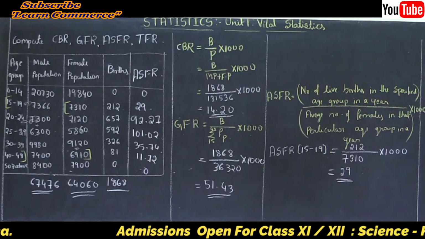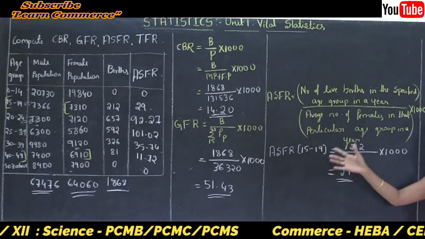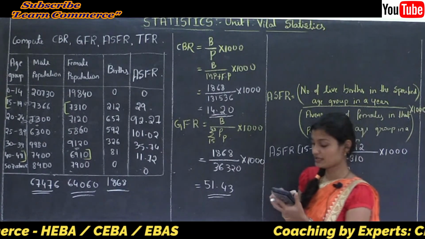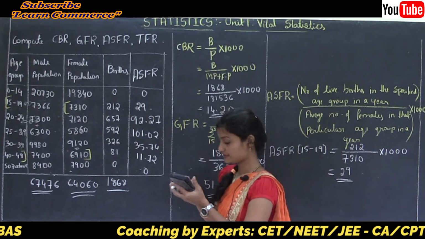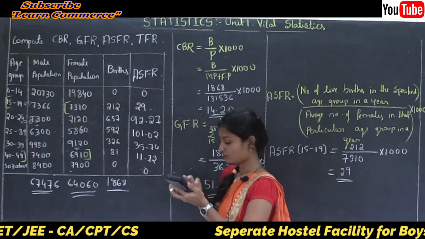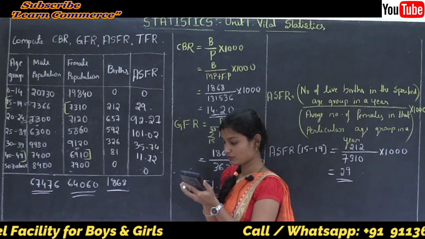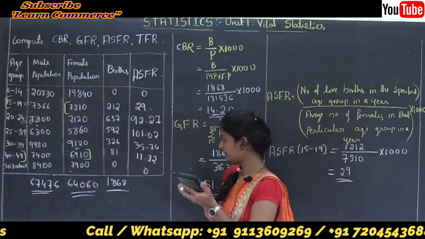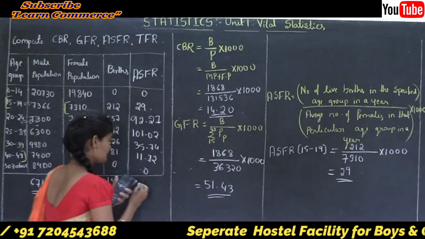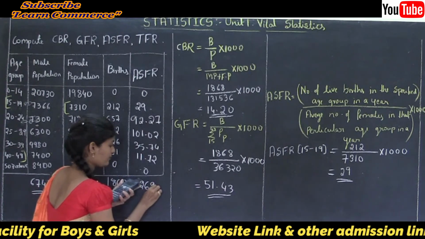This is equal to 5 into the sum of the age specific fertility rate observations. The sum is 29 plus 92.27 plus 101.02 plus 35.74 plus 11.72 plus 0, which is 269.75.